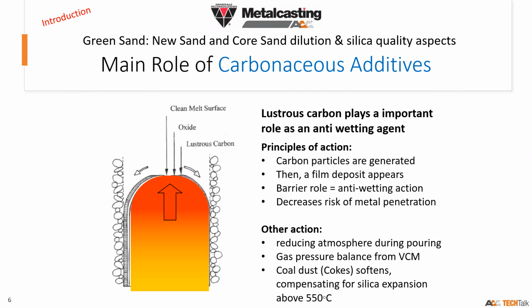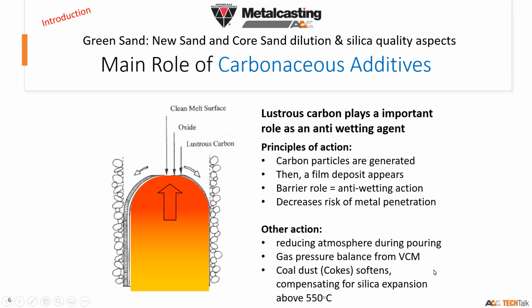And with the effect of an anti-veining action, decreasing the risk of metal penetration. And another action is reducing atmosphere during pouring and the gas pressure balance from volatiles. Last point is the corking effect coming from the corks, compensating for silica expansion.